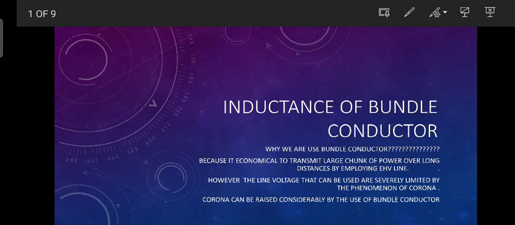It is very economical to transmit a large chunk of power over a long distance by employing the EHV, that is, extra high voltage line.